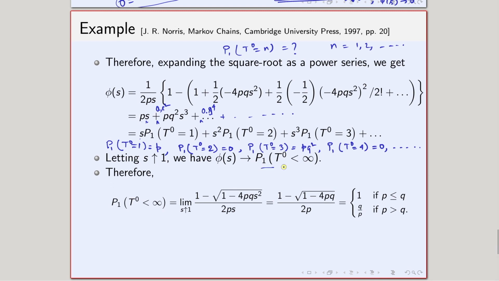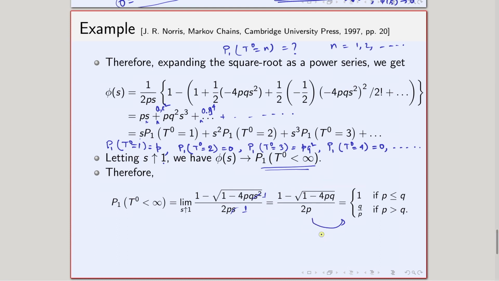Now another important thing: as I pointed out, as s goes to 1, phi s converges to this probability. So let us find this limit. Putting s equal to 1, this turns out to be that.